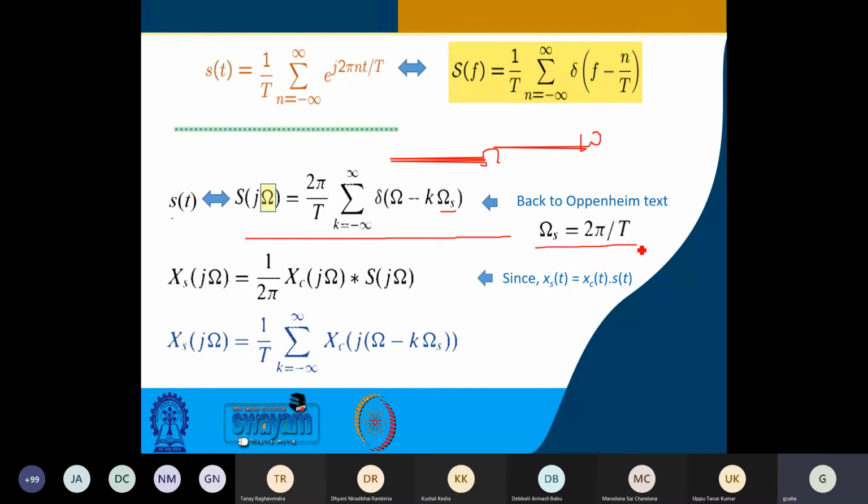This capital omega s and capital T are related in this manner. And since the sampled signal is multiplication of continuous time signal, analog signal, and sampler, in frequency domain, it was a convolution operation. So this is the convolution operation that was performed. And because of this 2 pi and this 1 upon 2 pi, they are cancelling out. So this is what we had seen.